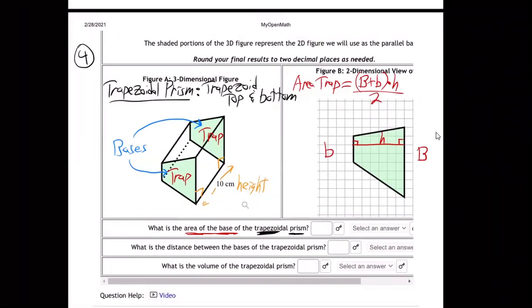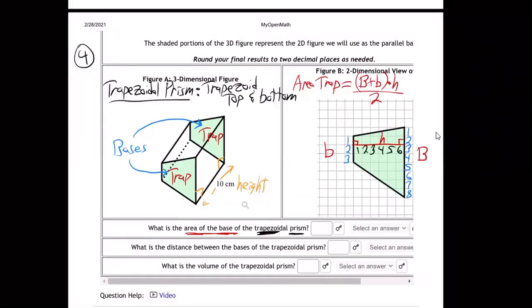Well, because they have to be 90 degrees, don't they? The height has to be 90 degrees between the bases. So, okay, let's count these. We got 1, 2, 3, 4, 5, 6, 7, 8. My big B is 8. My little b is 3, and my height is 1, 2, 3, 4, 5, 6 squares. So my height is 6 squares.